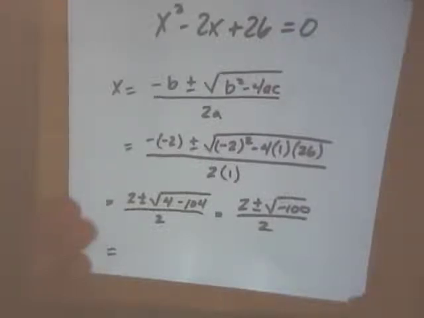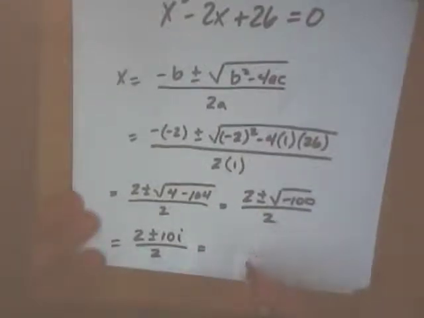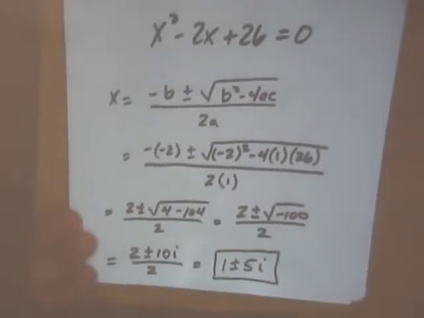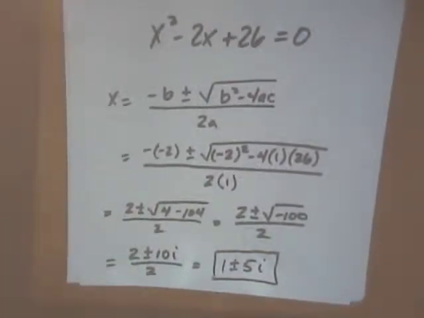Square root of negative 100 is 10i, right? So 2 plus or minus 10i all over 2. Since all three numbers can be divided by 2, we'll do that. So it'll be 1 plus or minus 5i. Any questions on number 13?